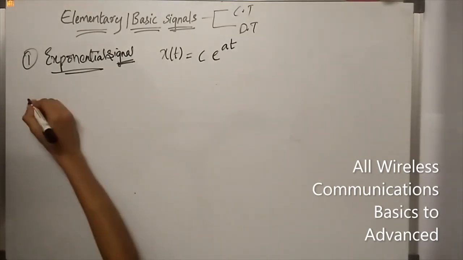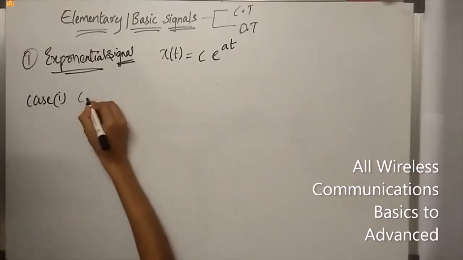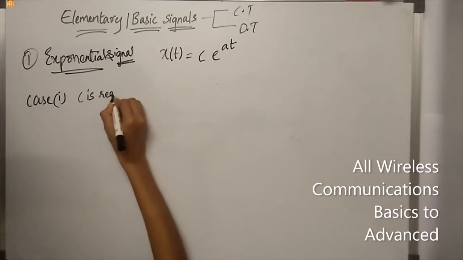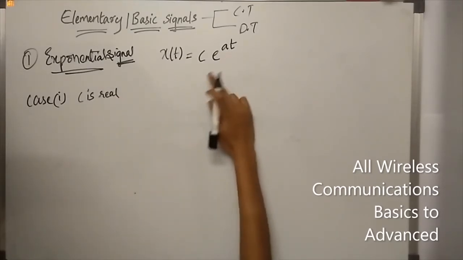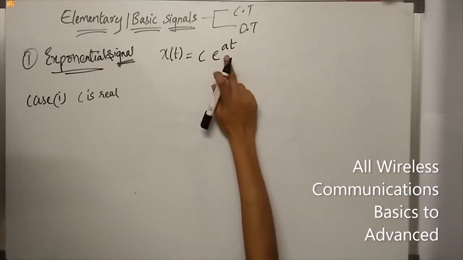Okay. So case 1, where c is real. As I said, C and A can be real, positive or negative, or complex.